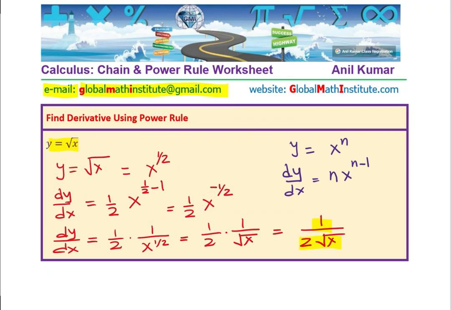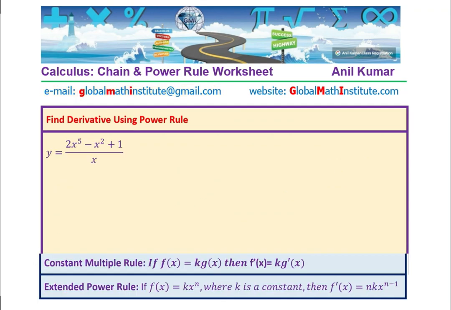Now, let's take up the third example, which is y equals 2x to the power of 5 minus x squared plus 1 over x. So the strategy here should be to simplify the expression. We could write this as y equals 2x to the power of 5 divided by x, minus x squared divided by x, plus 1 over x.